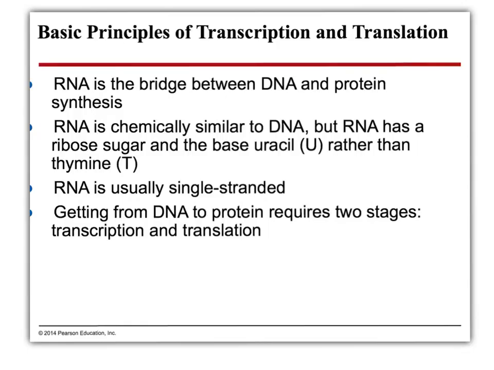Okay? Those are the 3 basic differences between RNA and DNA. Similarities are it's composed of a phosphodiester backbone, there's a sugar, there are nitrogenous bases. Okay? But getting from DNA to protein requires that intermediate RNA, and so that's transcription.